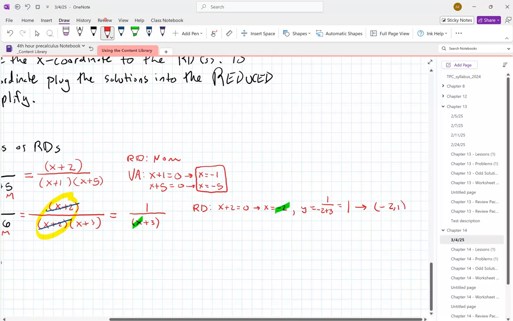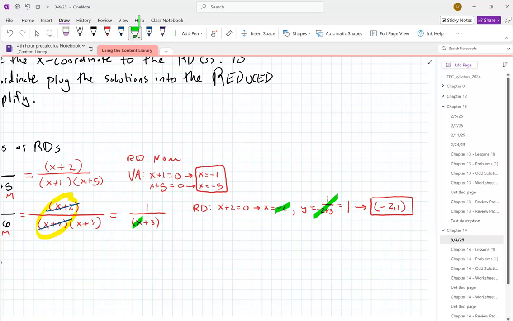So my removable discontinuity is at the point -2, 1. Does everybody feel okay with what I did there? Now my vertical asymptote is just going to be from the reduced denominator, set equal to 0. So there's my vertical asymptote at x equals -3. So far, so good?